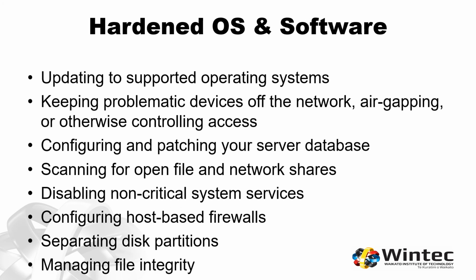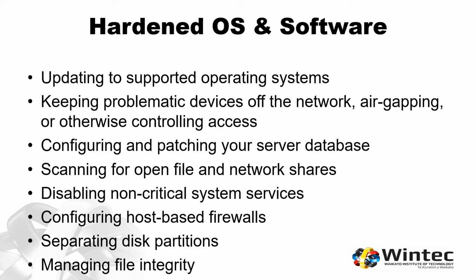Having seen the typical WordPress template, it's also important to note that hardening systems is critically important for HIPAA compliance. Now, the server that supports the WordPress environment must be optimized for security. Whether you're working on Windows or Linux, you would want to follow the best practices such as updating to a supported operating system, keeping problematic devices off the network. Maybe you could even resort to air gapping or otherwise controlling access of people and processes to your system.